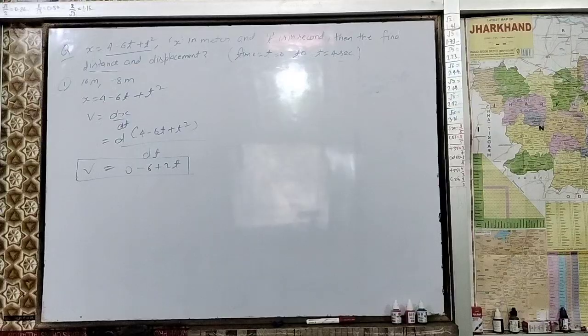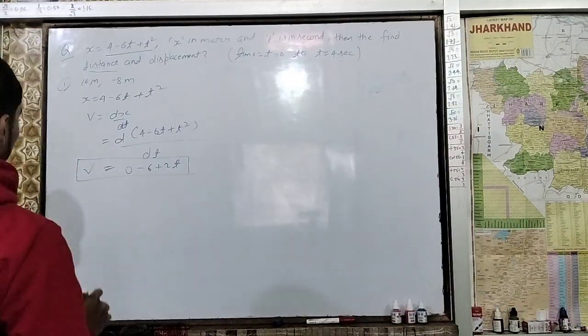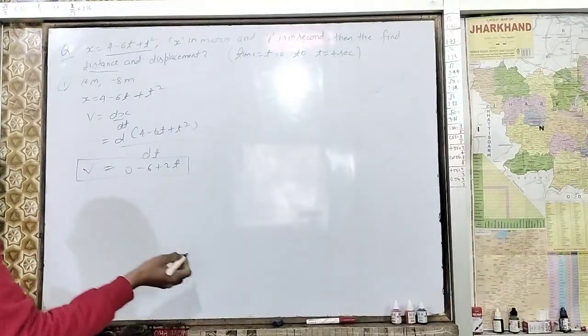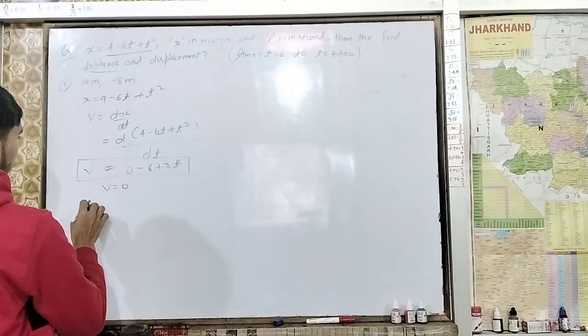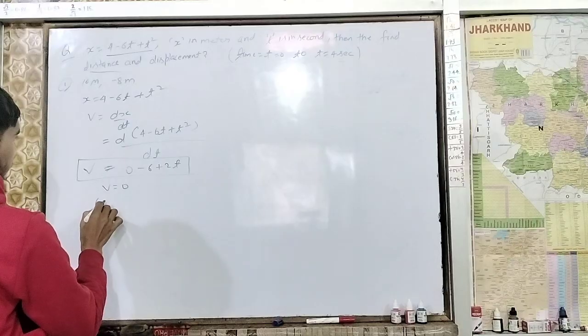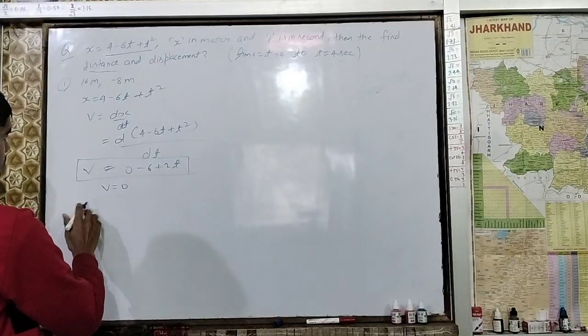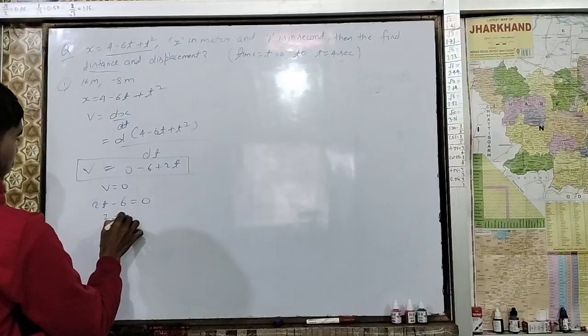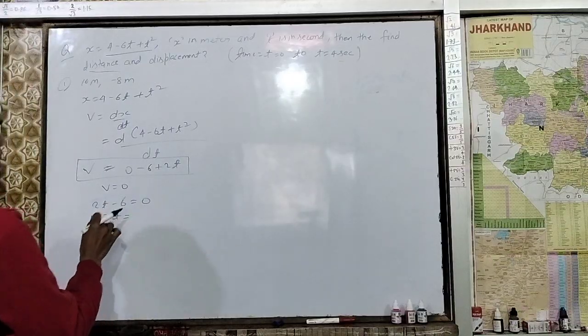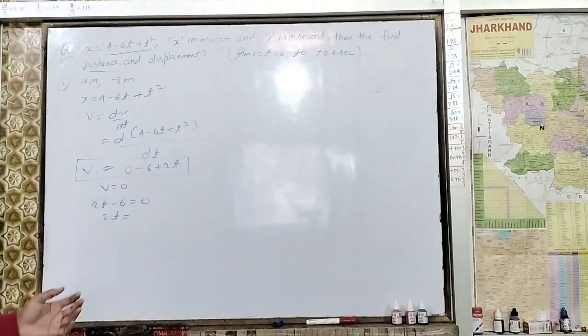Let's say velocity is 0, which means the object is coming to rest. So 2t minus 6 is equal to 0. Here we are finding the time at which the object came to rest.